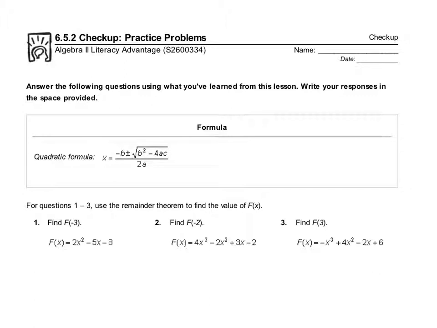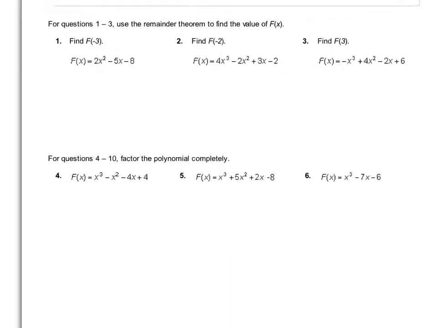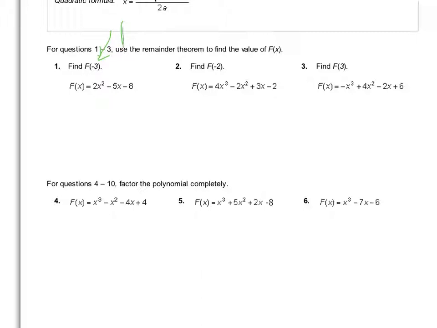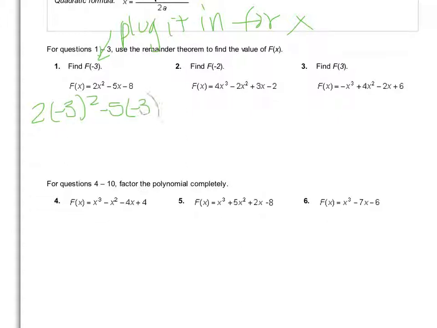So looking at a few problems off of our practice, number 1 says to find f of -3. When you read this notation, all this means is to plug in the number. You're just plugging it in. So that means I'm replacing x with -3. So I have 2 times -3 squared minus 5 times -3 minus 8.